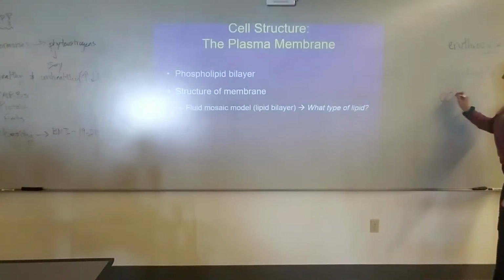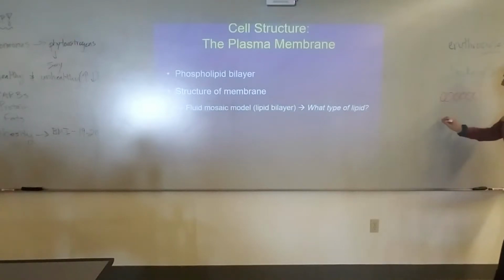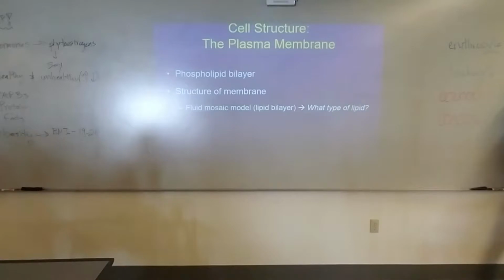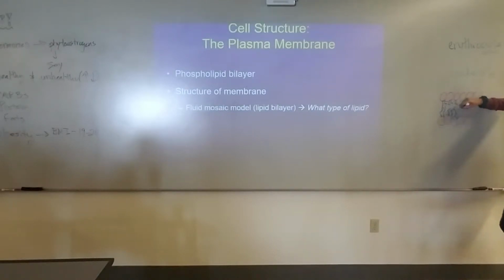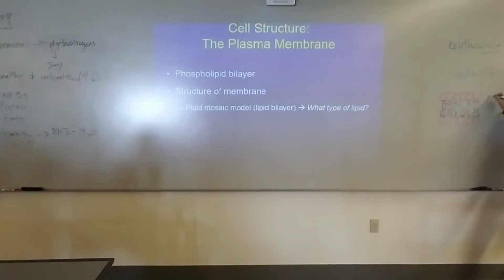Remember they kind of go like this? That's what we mean by bilayer. It's got 2 layers. The heads, the polar heads, with the fatty acid, the fat part, getting sandwiched in the middle. Remember this? Yes. Okay? This is what makes up the lipid bilayer.